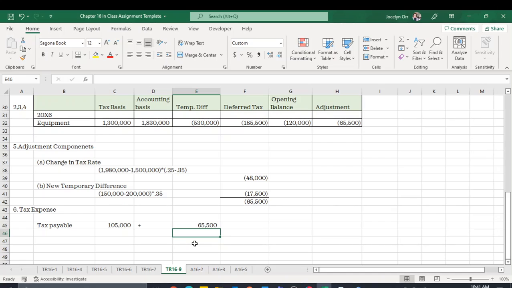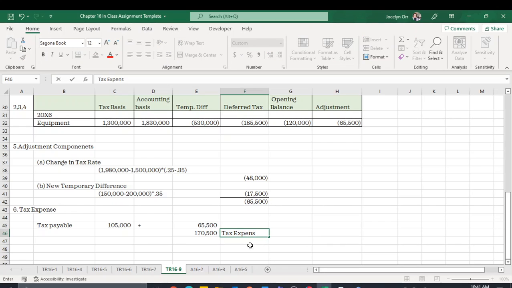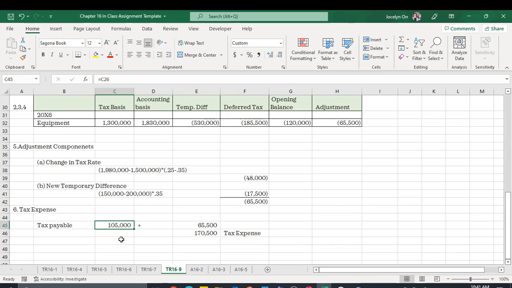They are both credit balances, so we're going to add them together to get a result of 170,500. Okay, this is what we would record as our tax expense. The combination of our tax payable liability and our deferred income tax liability.